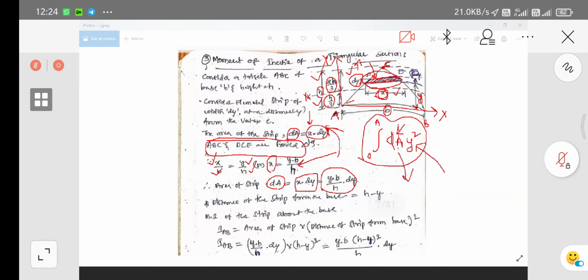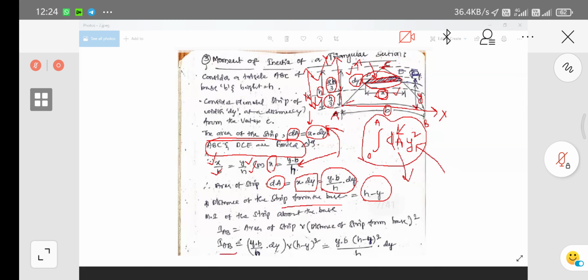Okay. Therefore, consider the distance of the strip from the base. What is the distance of the strip from the base? It is total h minus y, since we have considered y from the top of the height. So h minus y is the total distance.